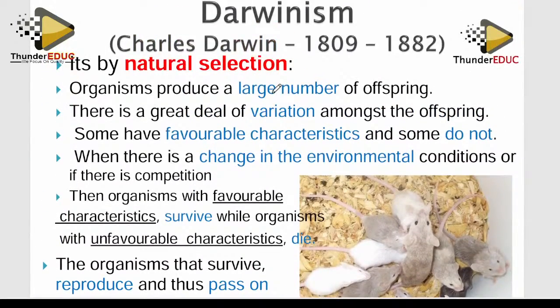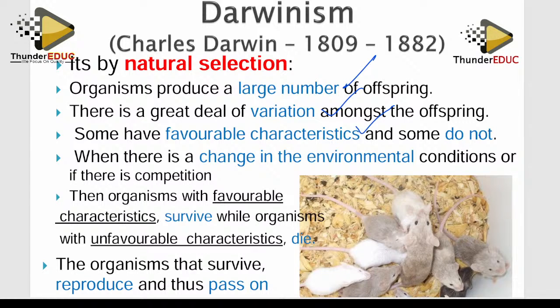Organisms produce a large number of offspring. There is a great deal of variation among these offspring. Then they'll tell us that some have favorable characteristics for survival, while others do not.